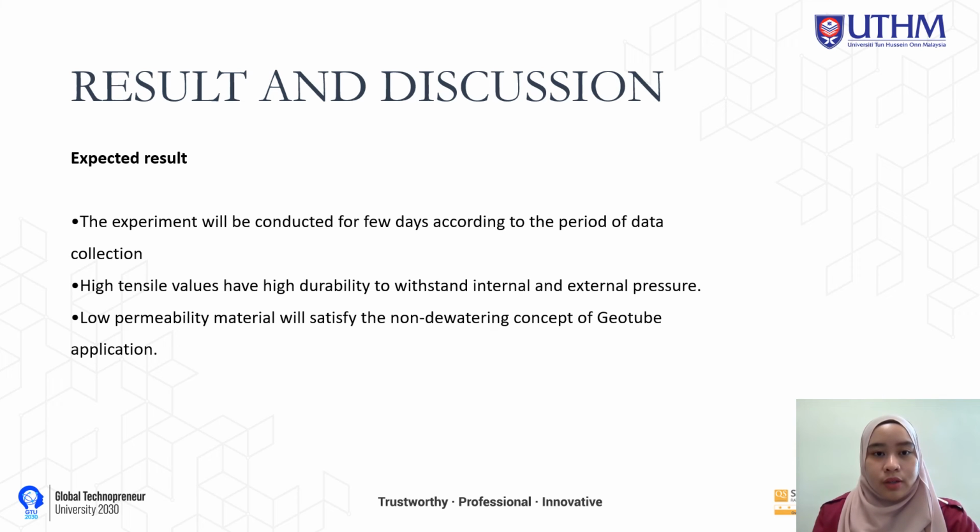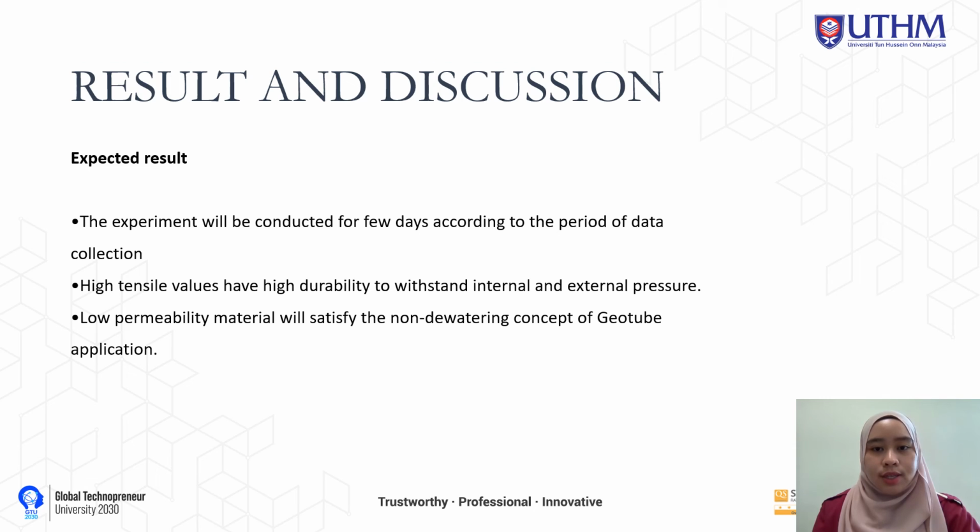Next is the result and discussion. It is expected to have the final selection of LLDPE material to be applied as the geotube structure based on the analysis of results from both the tensile test and the permeability test.